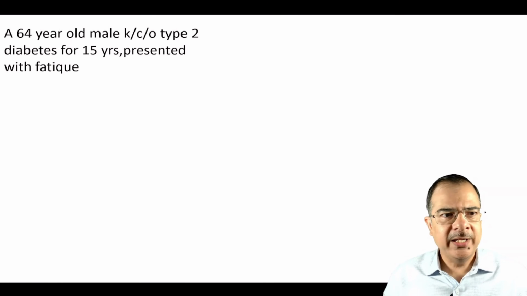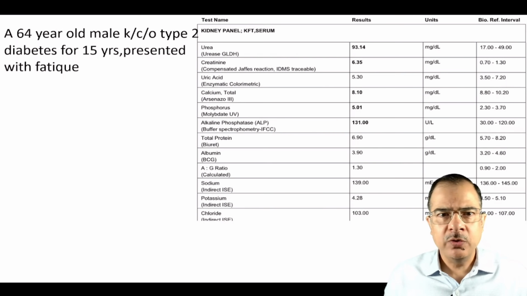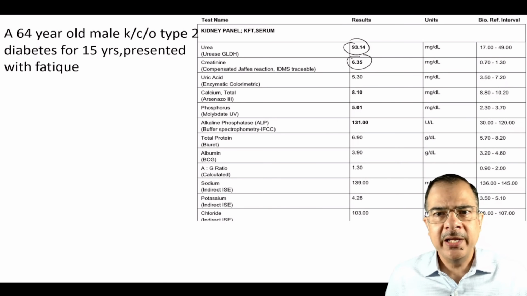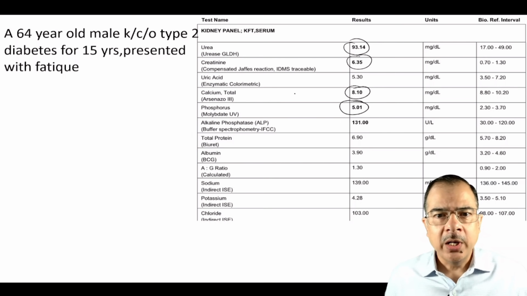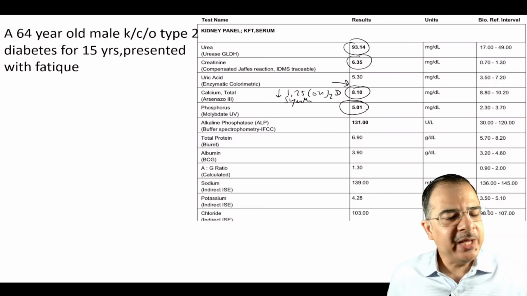Type 2 diabetes, 15 years, presents with fatigue, 64-year-old male. And here you can see the urea levels are very high. Creatinine is 6. Definitely it will be a CKD. And phosphorus levels are high. Calcium is low, due to decreased 1,25 dihydroxy vitamin D synthesis. So calcium level will be reduced. Phosphorus is high because of the decreased excretion of phosphorus.